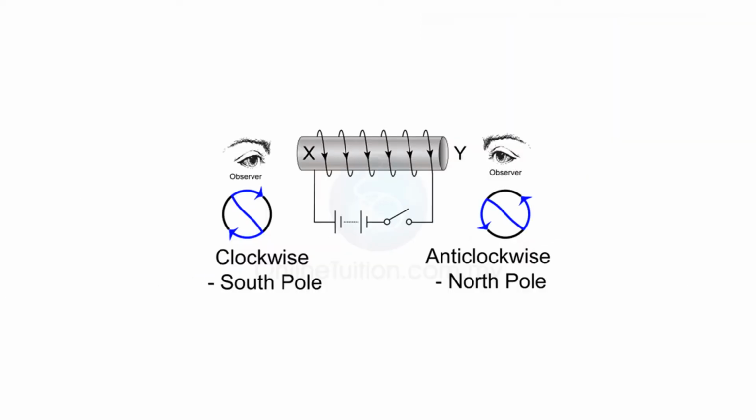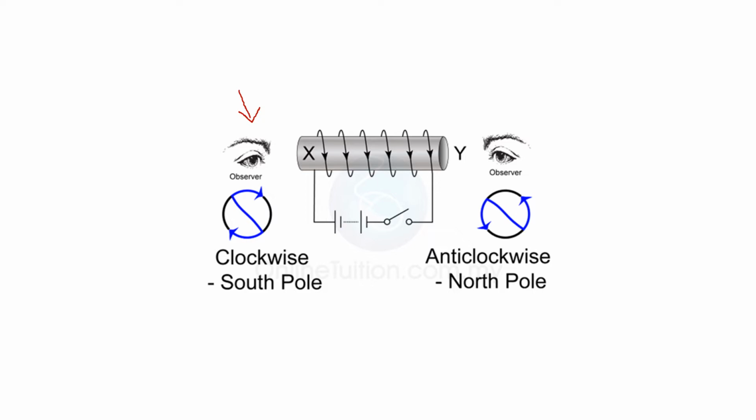This picture here shows the observer from different sides, and how they determine the poles of the solenoid. The observer at the left hand side sees the direction of the current as clockwise.